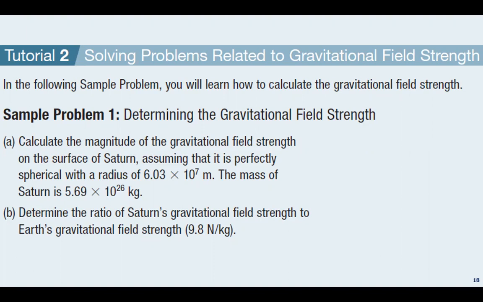The mass of Saturn is 5.69 times 10 to the power of 26 kilograms. Then determine the ratio of Saturn's gravitational field strength to Earth's gravitational field strength, which is 9.8 newtons per kilogram. Okay, you can start now. I'll give you 5 minutes to solve this question, okay?